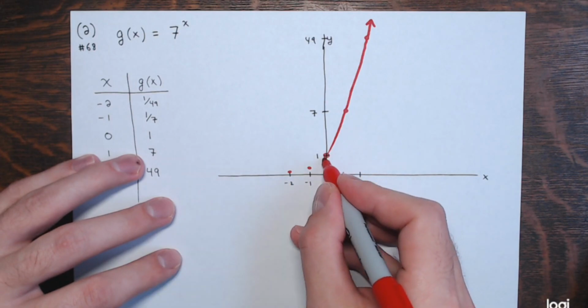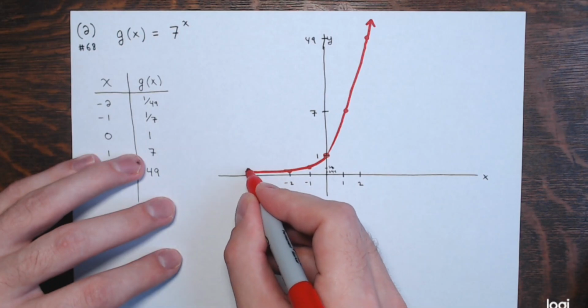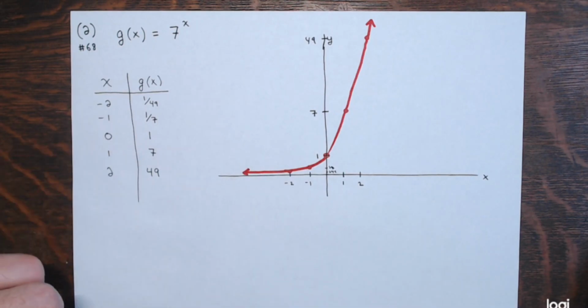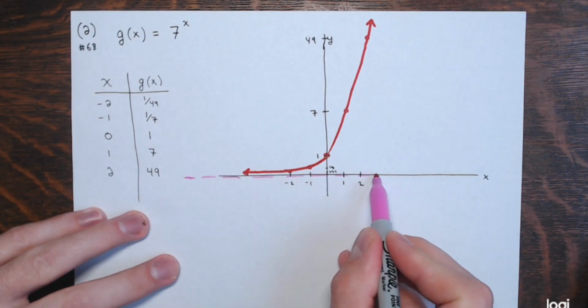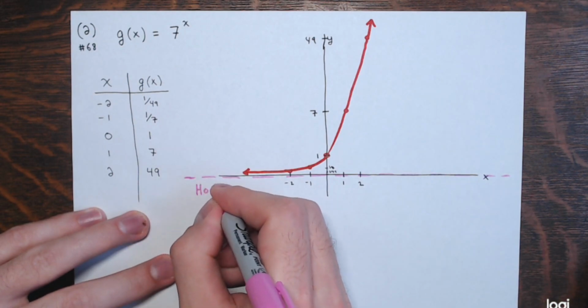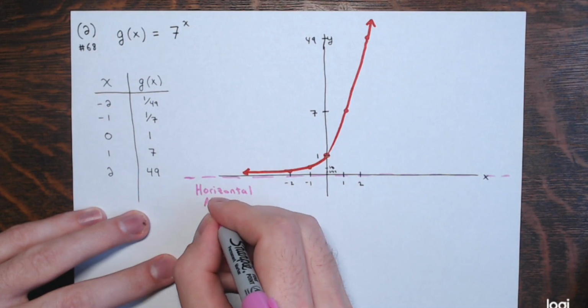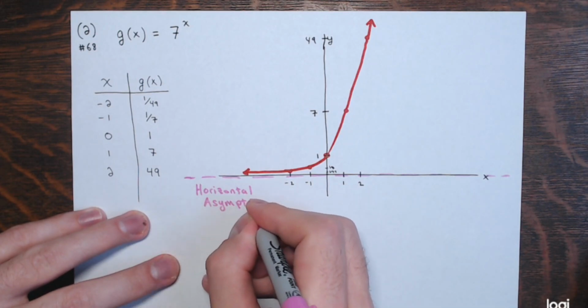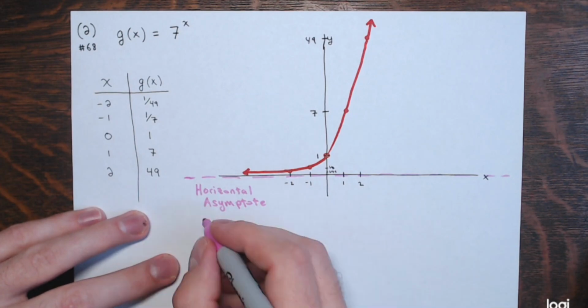So it doesn't matter how far left you go, the graph will never hit the x-axis. So once again, our horizontal asymptote is the x-axis, y equals 0. Right, the output's going to get as close to 0 as you wish without ever actually being 0.